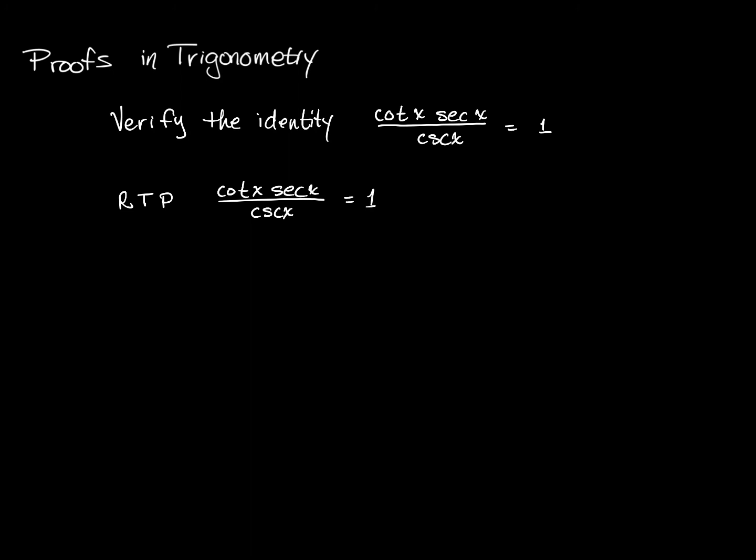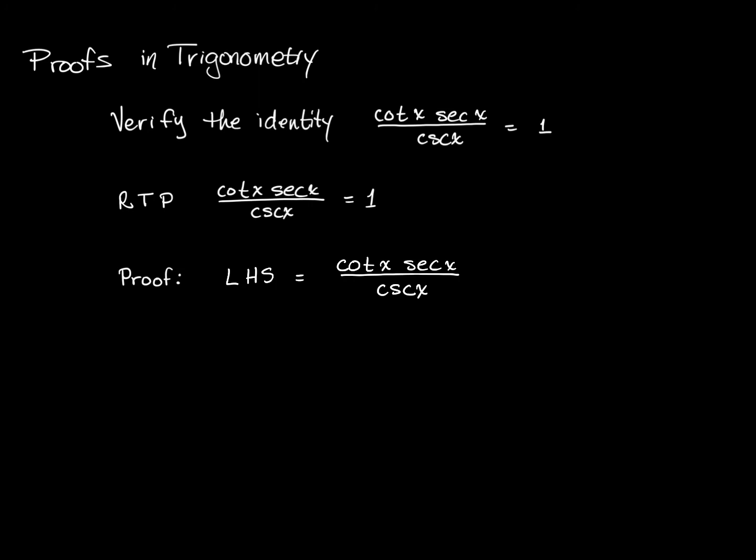And then when we begin, you may also want to write proof to show that you're about to prove this statement. Now let's write left-hand side equals, and we'll rewrite the left-hand side: cotangent of x times secant of x all over cosecant of x.